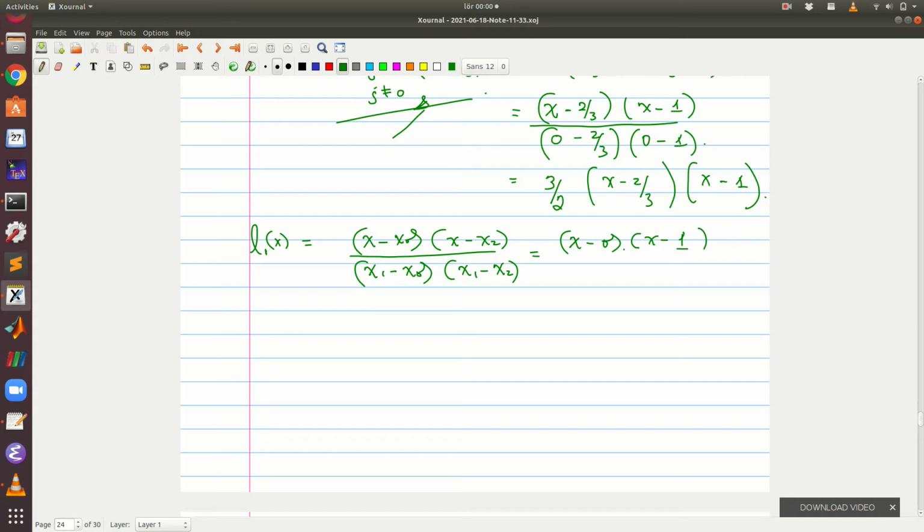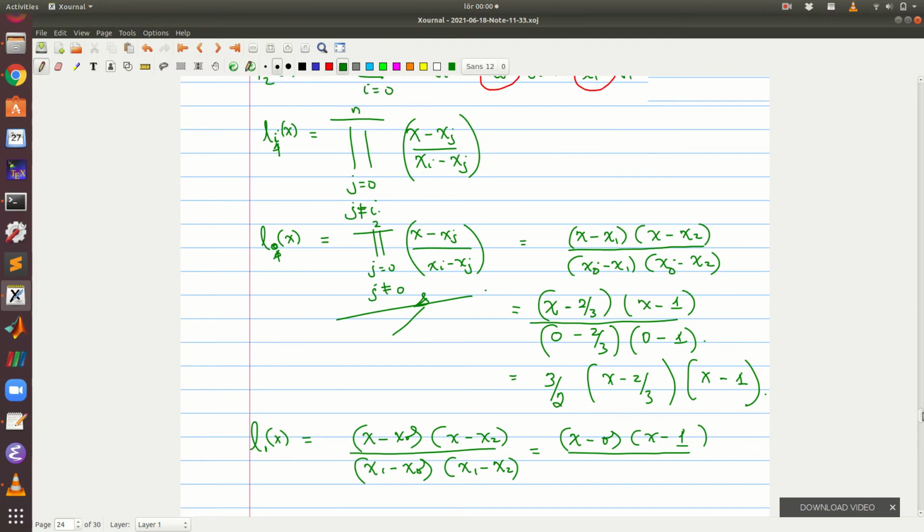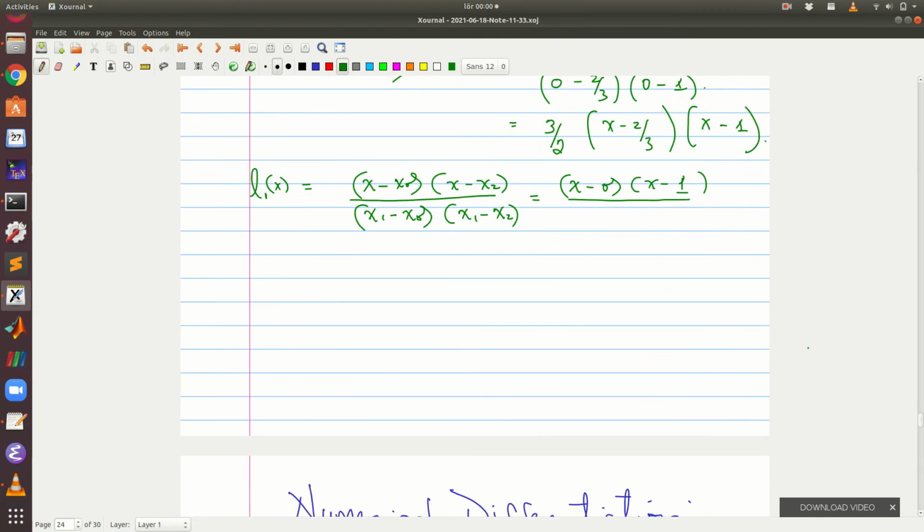Okay, and then divide by x1, which is 2/3, minus x naught, which is 0, and then this is 2/3 minus 1. Okay, so you can please check it out and verify that you get 9 out of 2 x into x minus 1. So I'll just write here the formula for L2 of x.